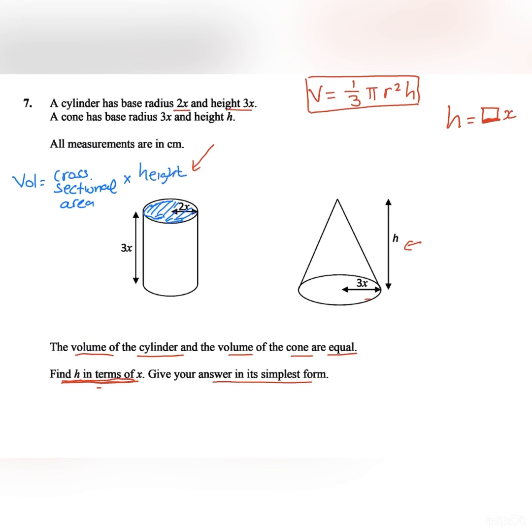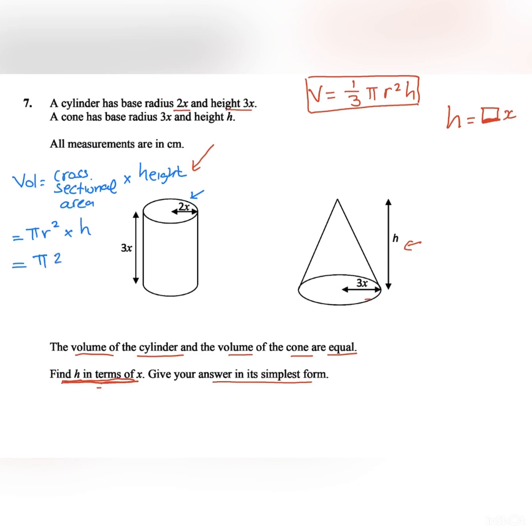Okay, so we know the cross-sectional area is a circle, so we need to do pi r squared times by h. Now we are given r as 2x over here, so the radius is 2x, and we're going to put that in.